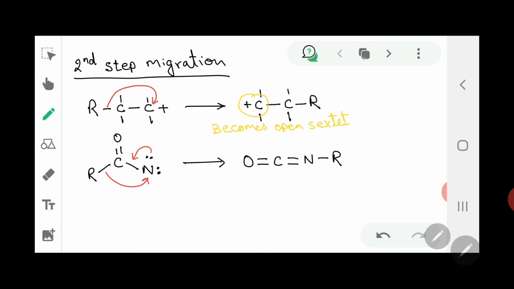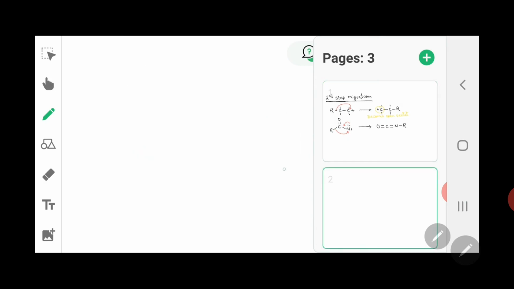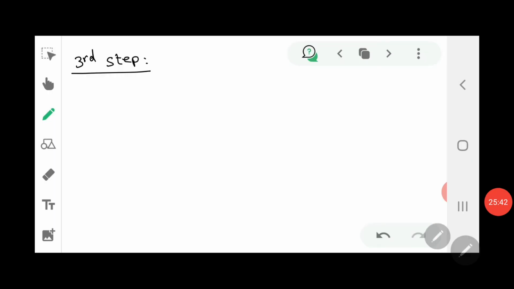After this migration, the migration origin carbon, which is highlighted in yellow color, becomes an open sextet system, while in case of nitrenes, there is just a rearrangement of electrons.